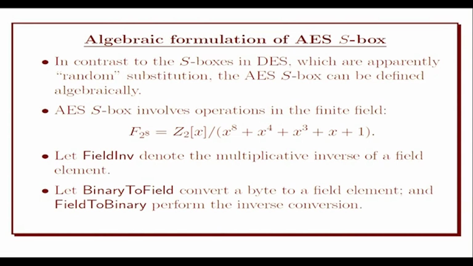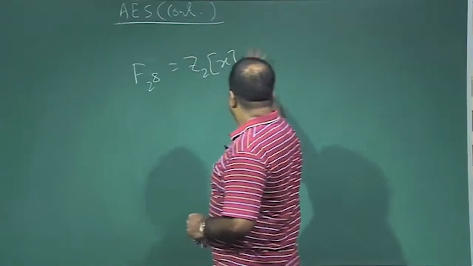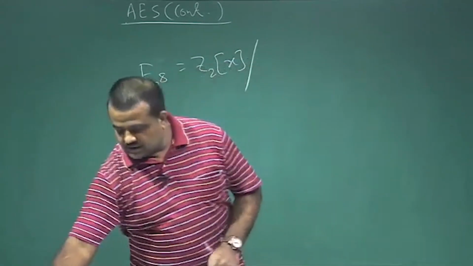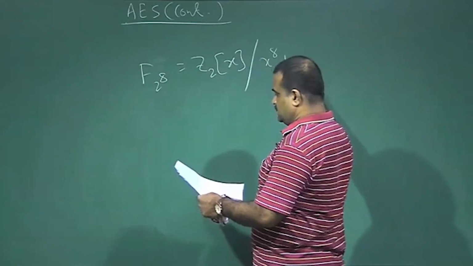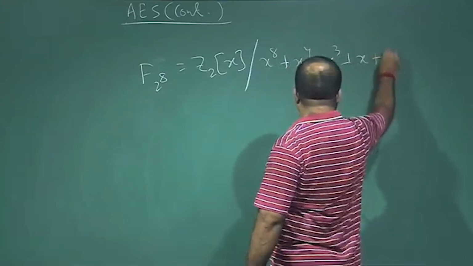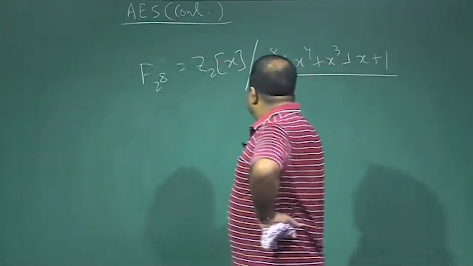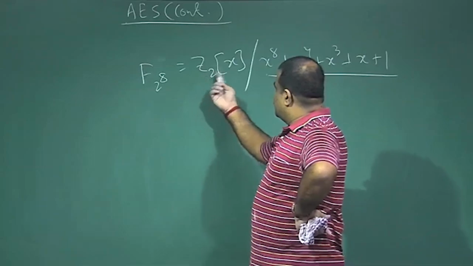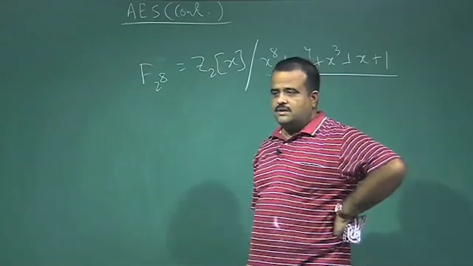So we are taking a field which is F2 to the power 8, which is basically Z2[x] modulo this irreducible polynomial x to the power 8 plus x to the power 4 plus x cube plus x plus 1. So this is an 8-degree irreducible polynomial. Z2[x] means it is the set of all polynomials whose coefficients are 0 or 1.